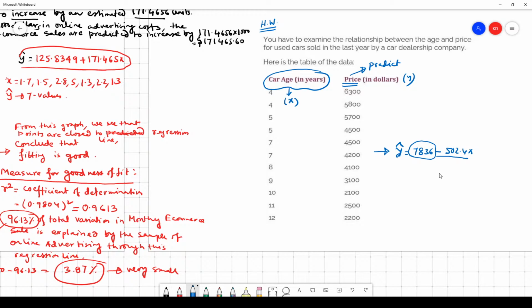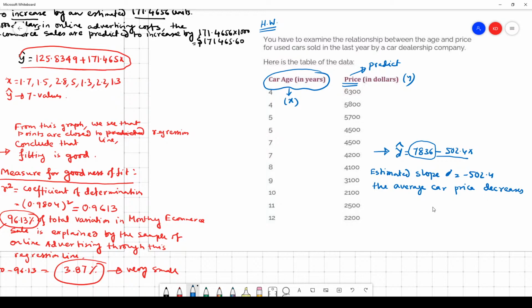So here the estimated slope is equal to minus 502.4. This means the average car price decreases. Why decreases? Because the sign of the estimated slope is negative.